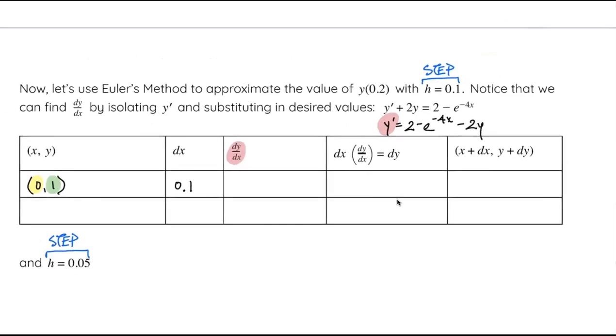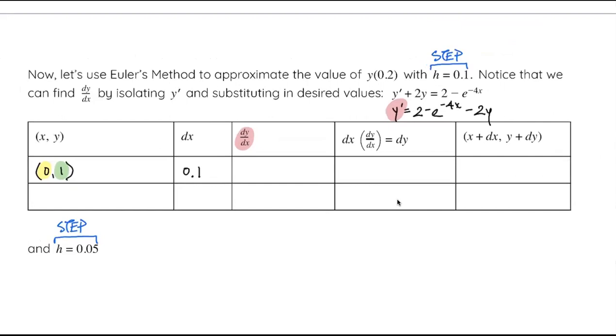If we think ahead, at the very last column I wrote x plus dx, because I'm going to take the yellow, add the 0.1, and that will be my new x value. So 0 plus 0.1 is 0.1 to get the new x value.